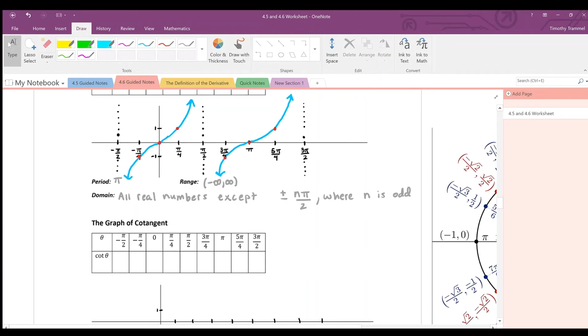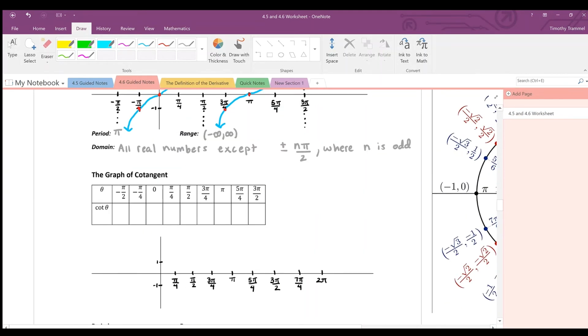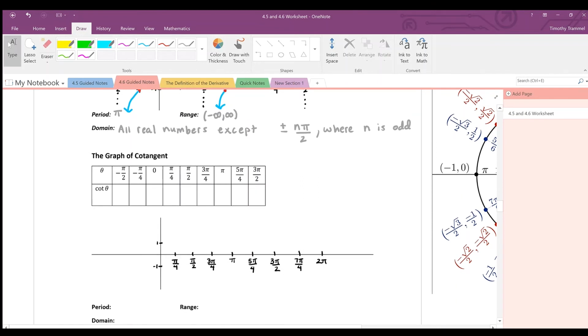All right, let's do the same thing here with cotangent. And if you want, you can pause the video for a second and try to fill in all these outputs, y values here. I'm going to go ahead and fill them in.